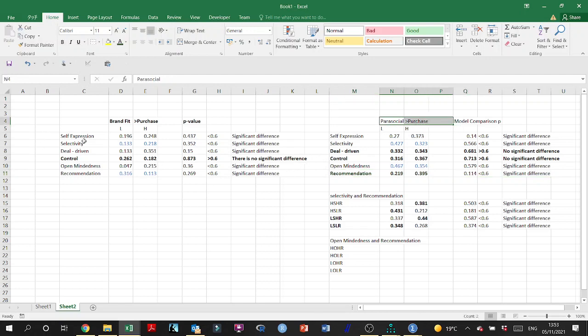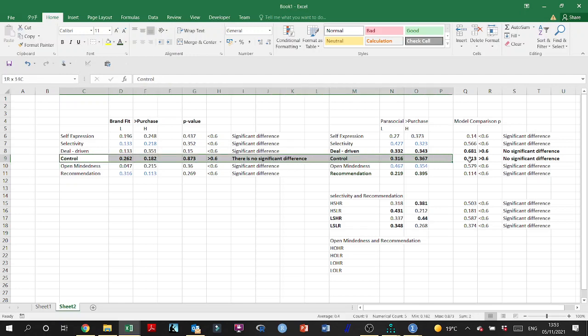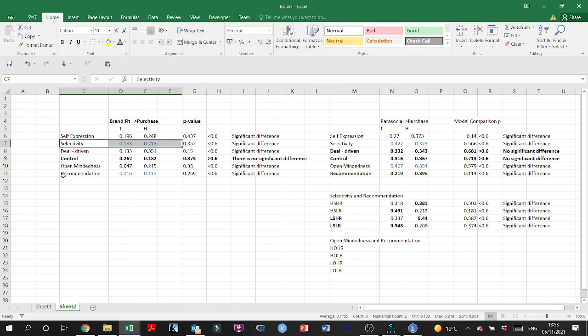Now over here, for selectivity and recommendation, since open-mindedness is the same here, brand fit has higher impact. The second most important after open-mindedness is control, but it's the same, it's not giving us anything. Then comes selectivity, and then comes recommendation again.